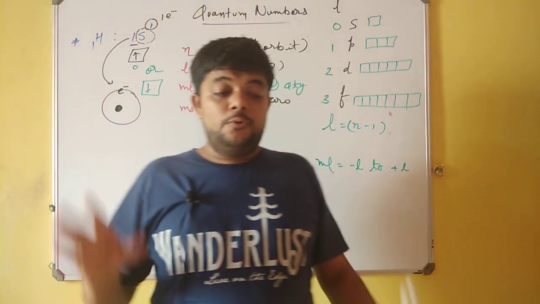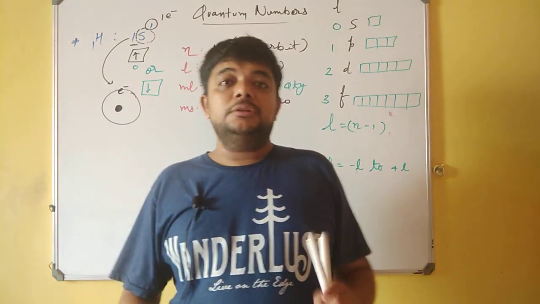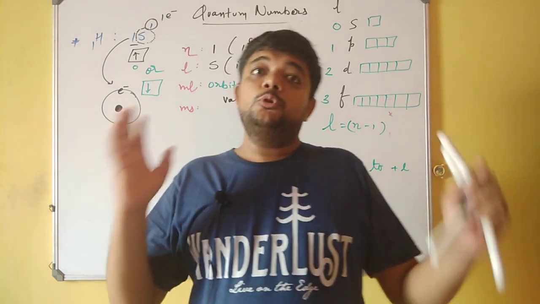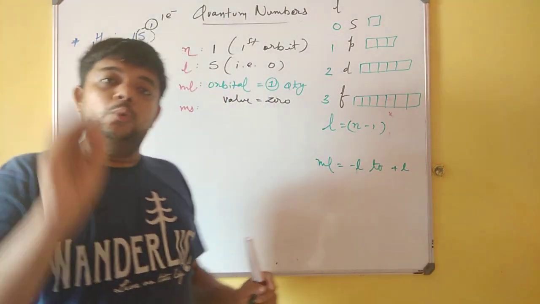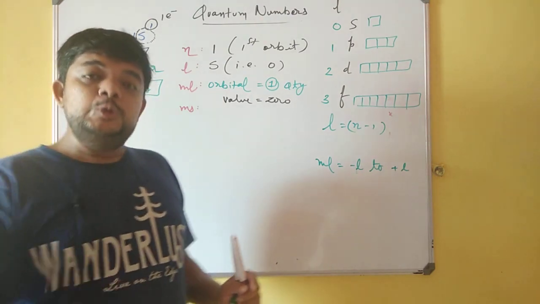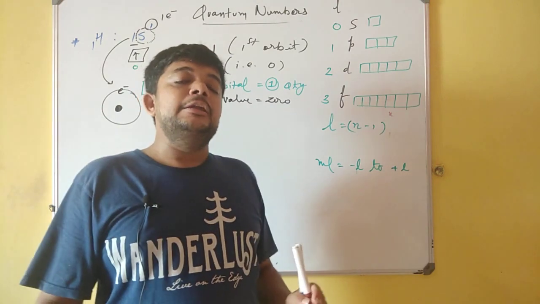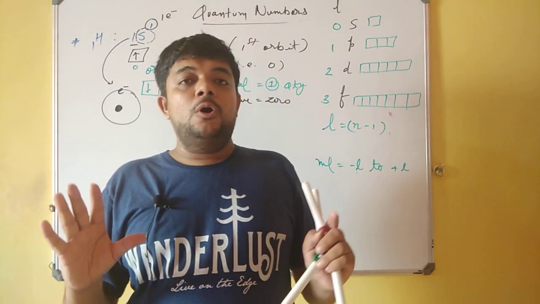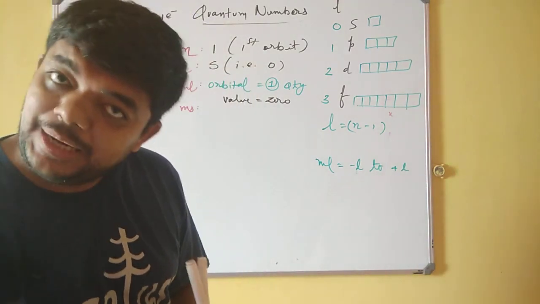But for the purpose of correctness, for competitive exams, for the purpose of scoring, we will always assume that the first electron entering any orbital in a suborbit will have a clockwise spin.